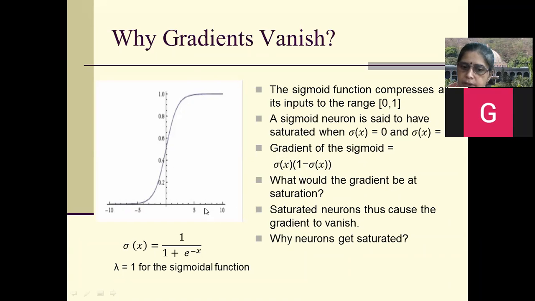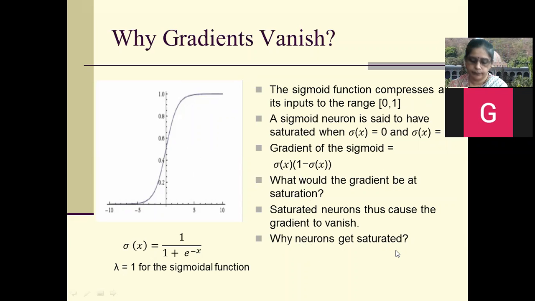So when your net output is very large, we get a gradient value of 0, and when the gradient becomes 0, there won't be any weight updation. So when your neuron saturates, the gradient value is 0, or we can say the gradient vanishes.